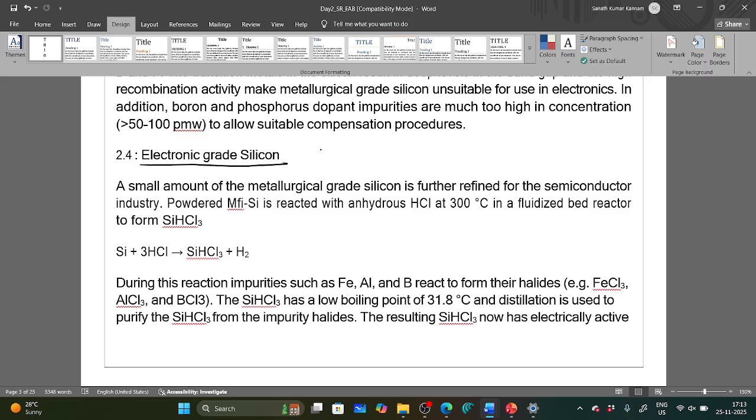That 98% silicon you are getting is used as the input for the electronic graded silicon.